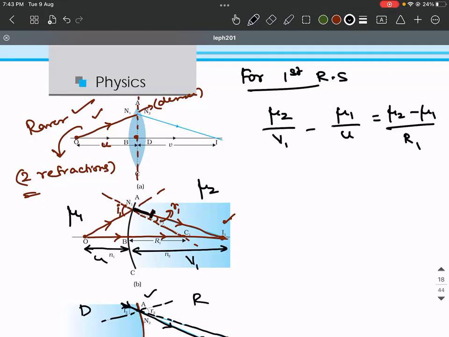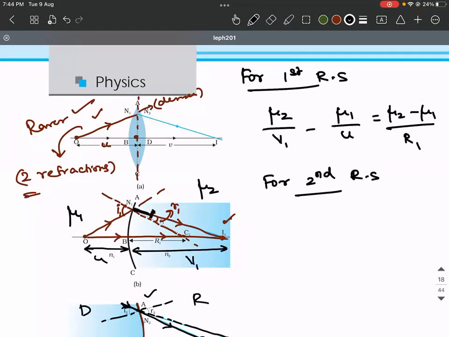This is not the exact location of how the images are going to be formed. Whenever you are not sure that this is the right scenario, you should not apply sign convention. So this is one such formula where we don't apply sign convention at all.